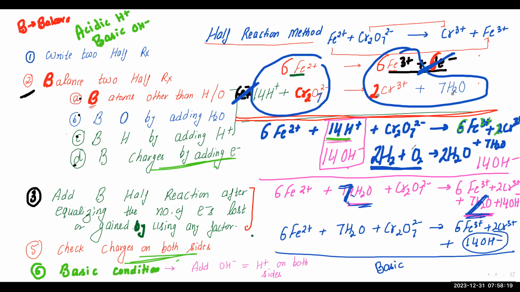Atoms, 4 hydrogen, 2 oxygen, 4 hydrogen, 2 oxygen. Everything is balanced. So for a normal equation, normal combustion equations where the elements are combining with oxygen to give oxides, where you are not playing with the charges, you are not doing reaction in a solution, then we don't require this complicated method. Is it okay?